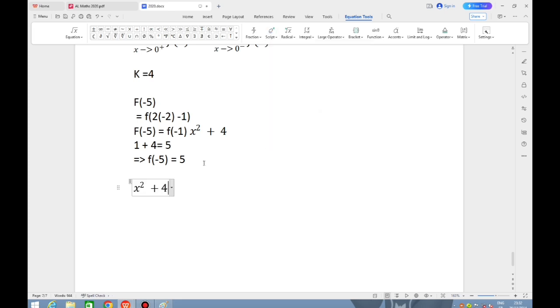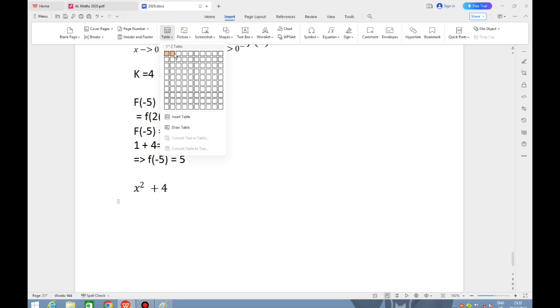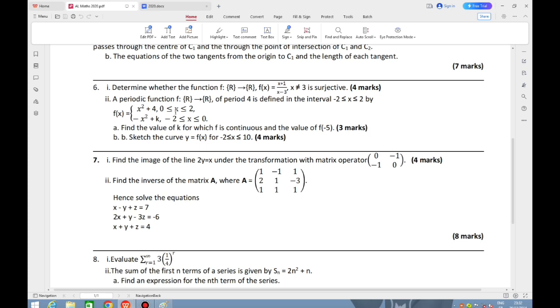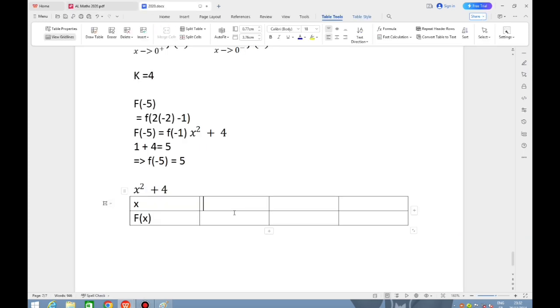We can draw a table of values. You don't need much, just 3 values. So x, then f of x. Say this f of x is between the range 0 and 2, so we can use the values 0, 1, and 2.